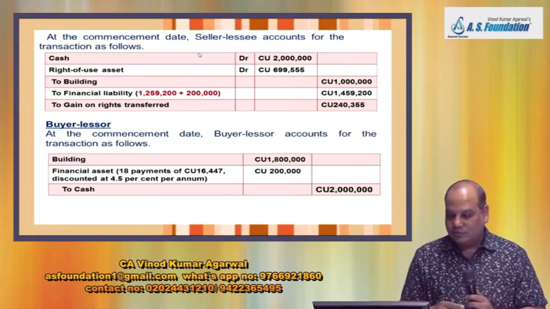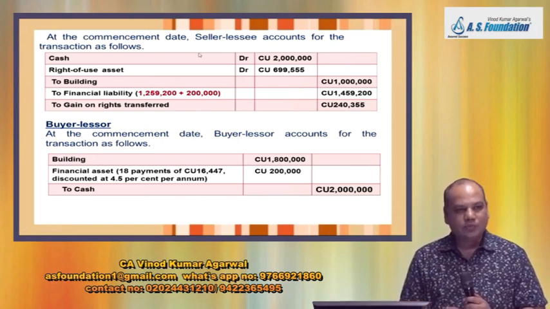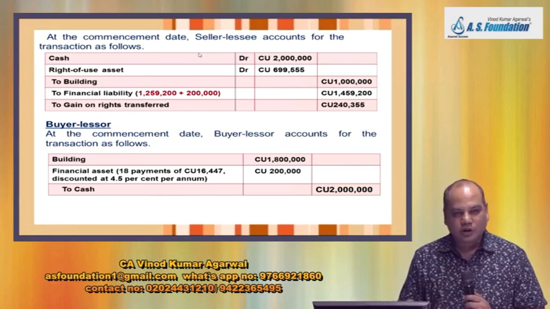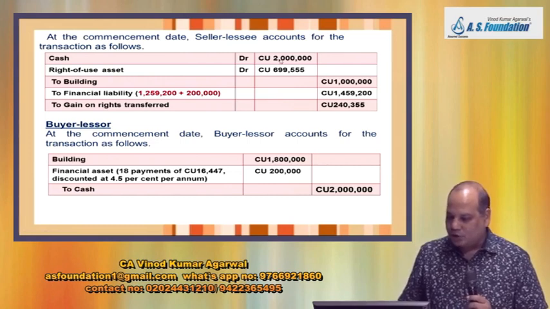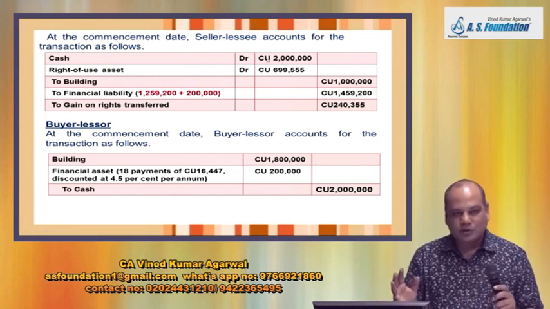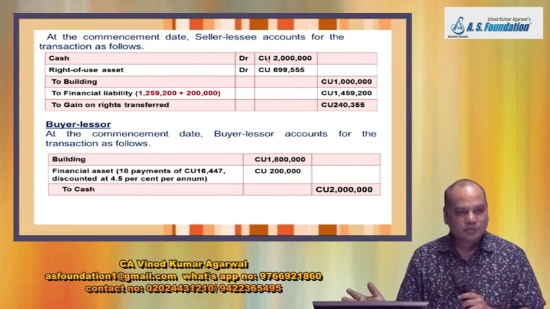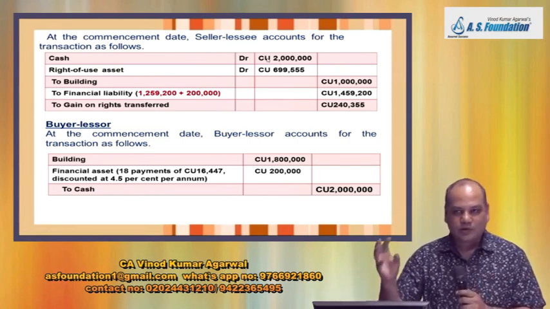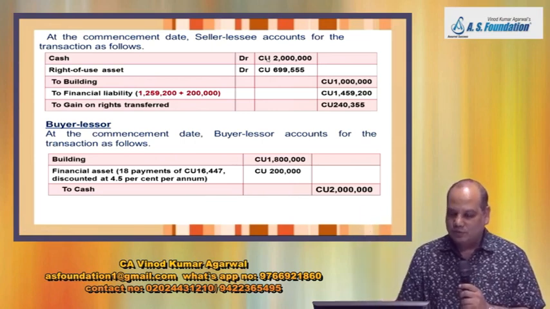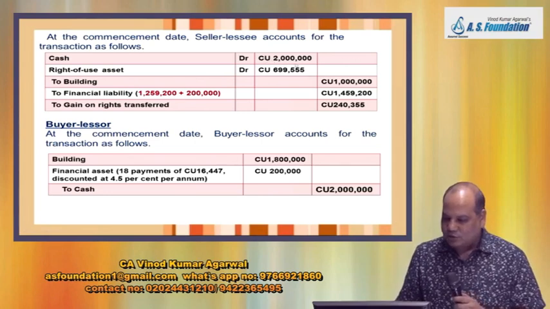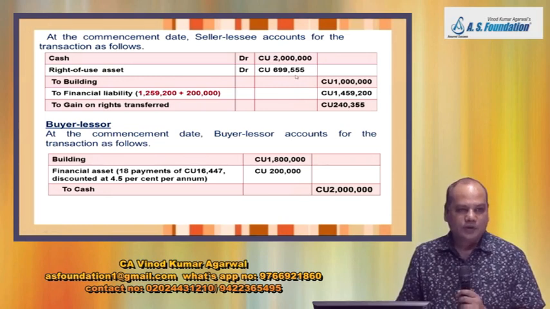In the journal entry, cash account debit will come. You will receive 20 lakh. This 20 lakh has the following components: it is towards the building sold and towards additional finance. 18 lakh is towards building sold and 2 lakh is towards additional finance. So cash account debit 20 lakh. We will debit right of use asset, 699,555.